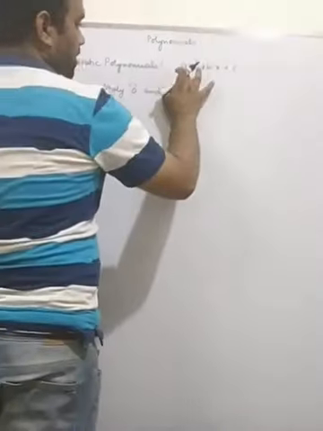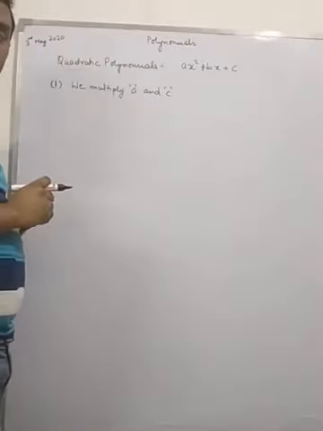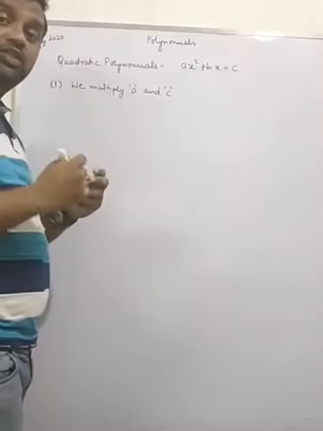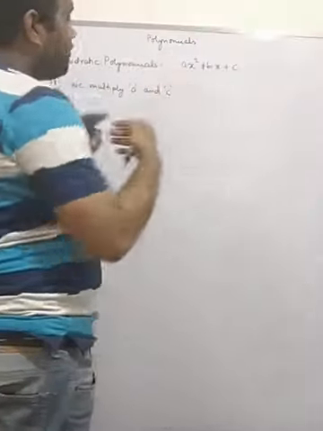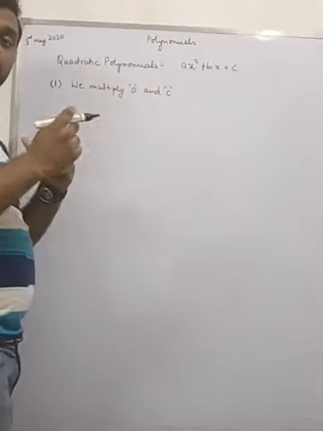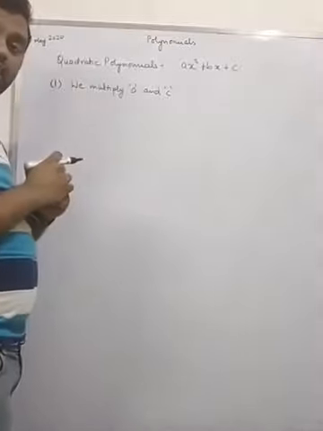We simply multiply A and C. After multiplying A and C, we will get a number. So we will find some factors of the number which we get after multiplying AC.